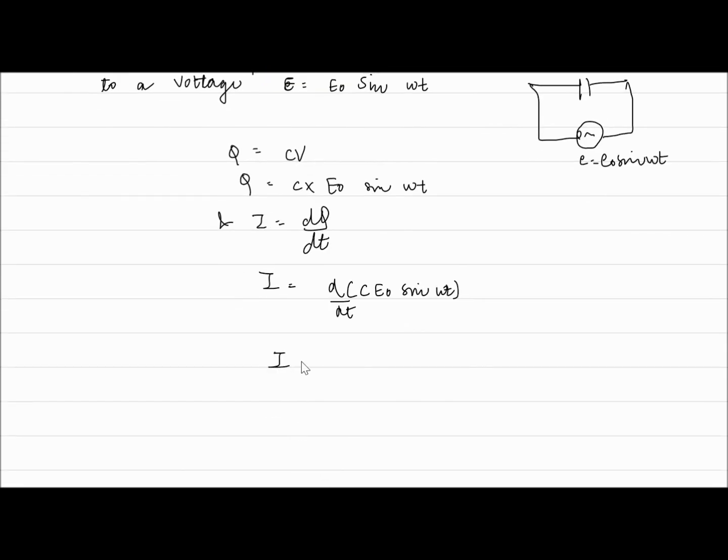So we get I equals, we'll take C and E naught outside, we get omega and we get cos omega t after differentiating sine omega t. So we can write it as E naught upon 1 upon C omega into cos omega t. We have just taken the C omega in the denominator, and this is known as XC, which is known as the capacitive reactance.